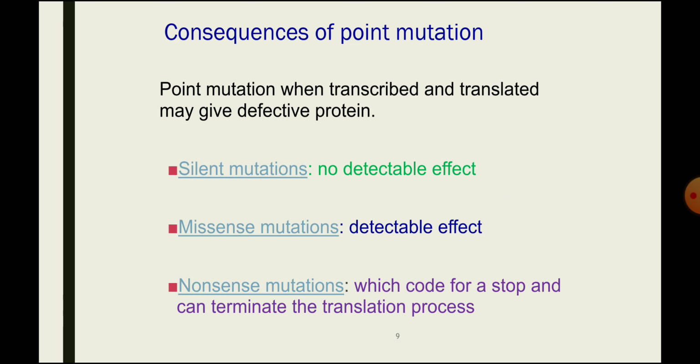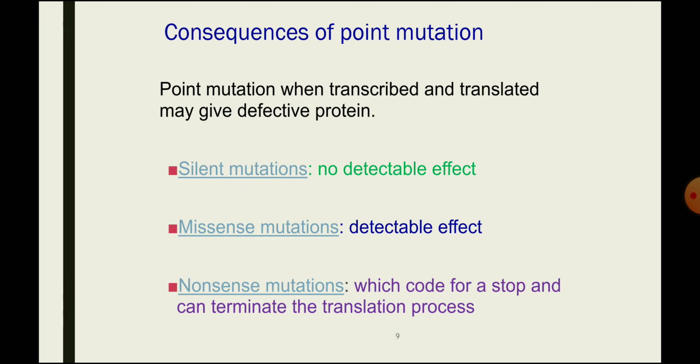Now what are the consequences of point mutation? A point mutation, when transcribed and translated, may give a defective protein. It may change an amino acid, which may lead to a defective protein. The consequences are, one, silent mutation, where there is no detectable effect.